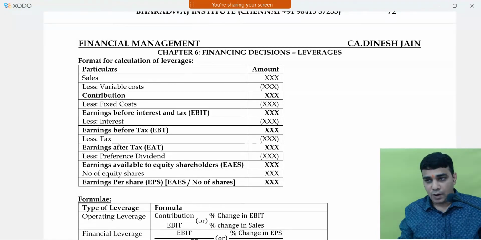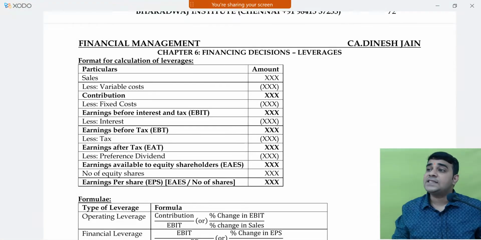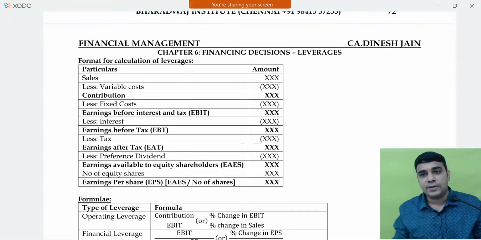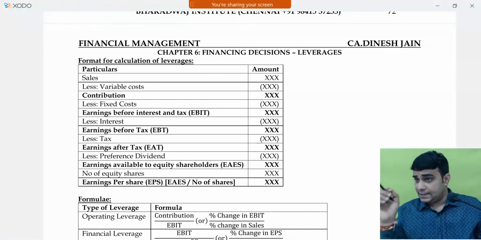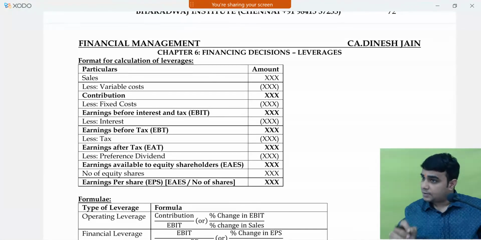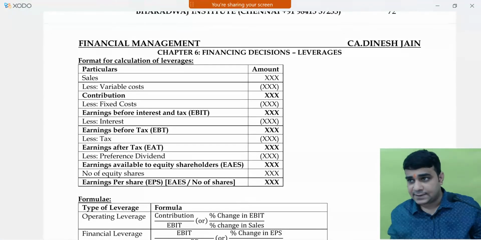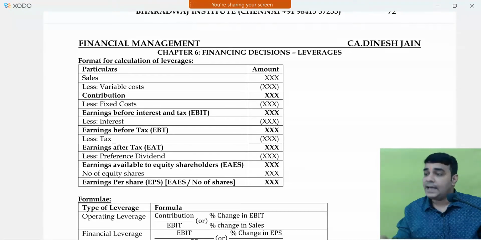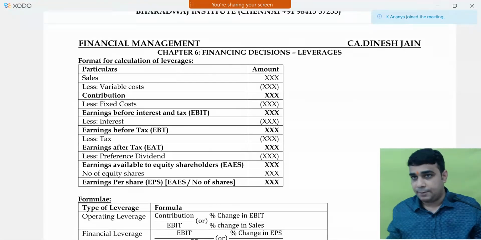The reward which an organization gets is going to be disproportionate to the efforts taken. What is the effort? Sales is my effort. The end result of that is profit after tax or earnings per share. Sales has doubled. My understanding, profit should also double. But when sales double, profit will become 5 times of the earlier profit.